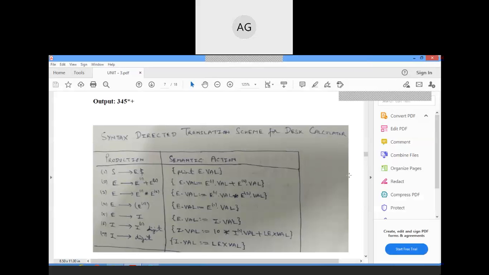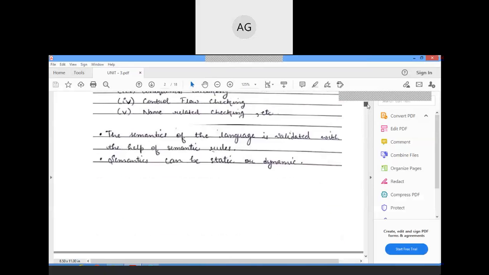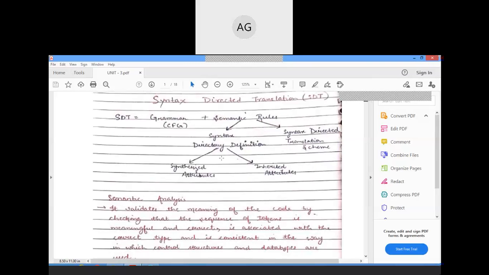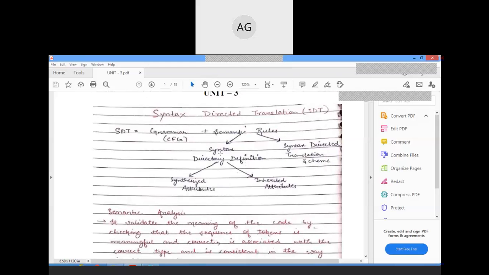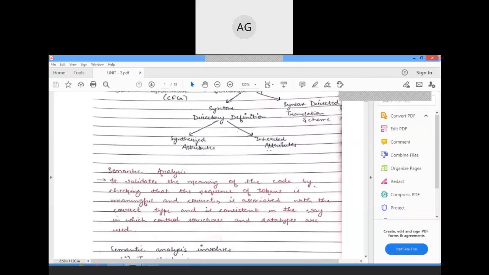In the last class we started Unit 3, which is syntax directed translation. What do we mean by semantic analysis? The semantic rules can be divided into two forms: one is syntax directed definition and the other is syntax directed translation scheme.